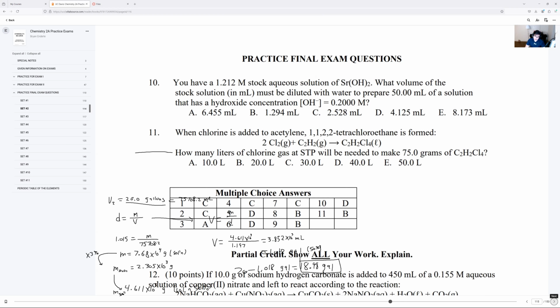And then I don't know my V1. I need to figure out how much volume of the HCl or whatever NaOH that I need to get the desired volume and molarity, and I give you the initial molarity. So it's like M1V1, but just with more steps, I guess.